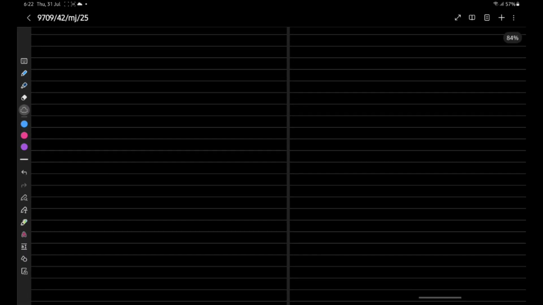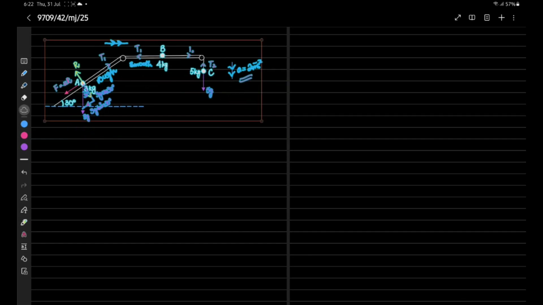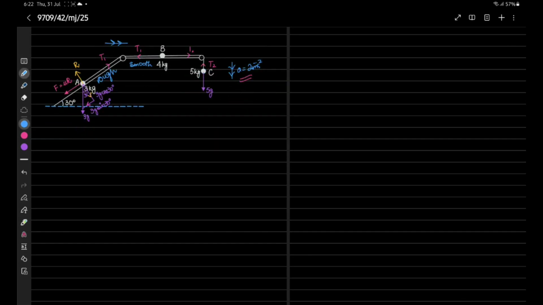So let's copy this here. And we are applying for particle A, so forward minus backward. So forward is T1, backward is 3g sine 30, and mu R equals to ma, and m is 3 times a is 2.